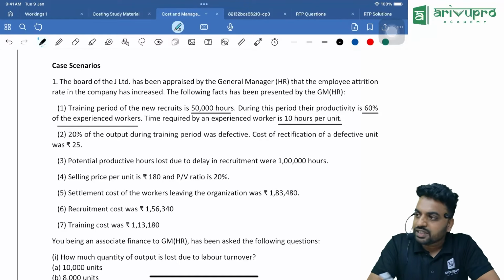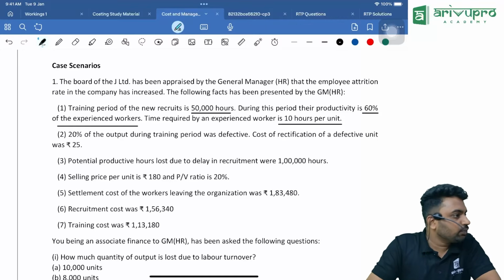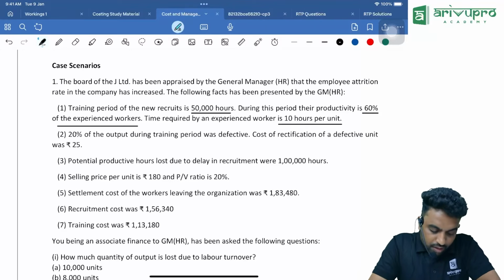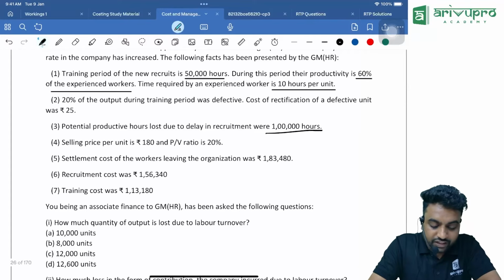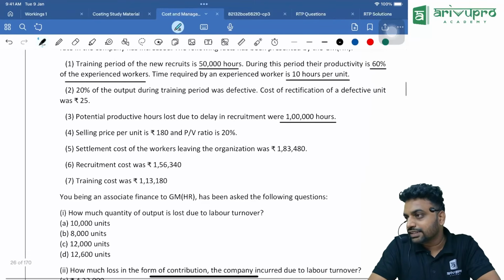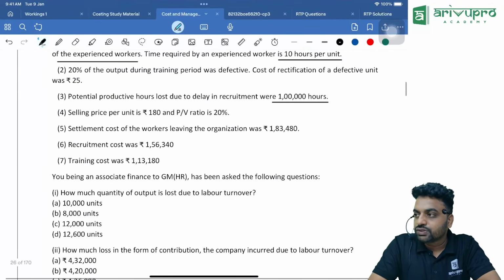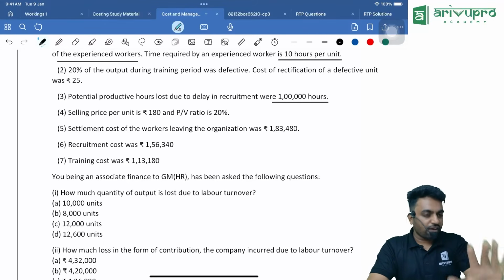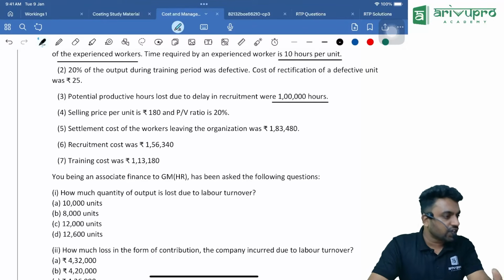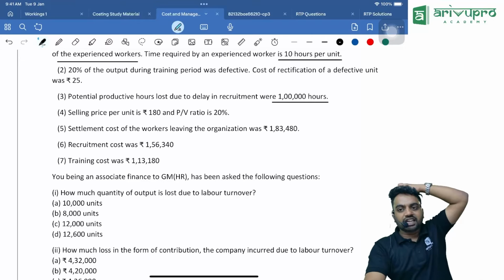In that, 20% is defective, and to rectify the defective units we are spending 25 rupees per unit. Potential productive hours lost due to delay in recruitment were 1 lakh hours. Selling price per unit is 180, PV ratio is 20%. Here just remember PV ratio means profit percentage; why and how, we are going to discuss in the marginal costing chapter.